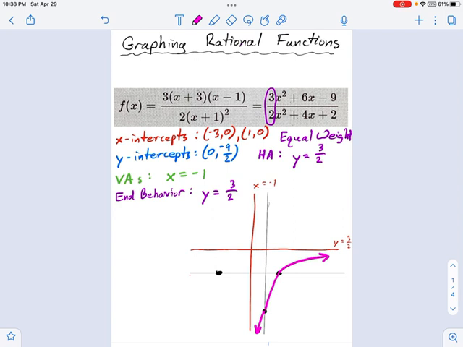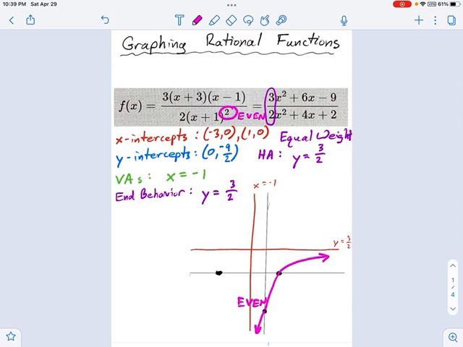You might be used to vertical asymptotes always having this behavior where it goes up one side, down the other, right? And that's often how they go. But that's only when they're odd behavior. This one, if you look closely, see that 2 right there? That's an even exponent, which means we have an even asymptote right here.